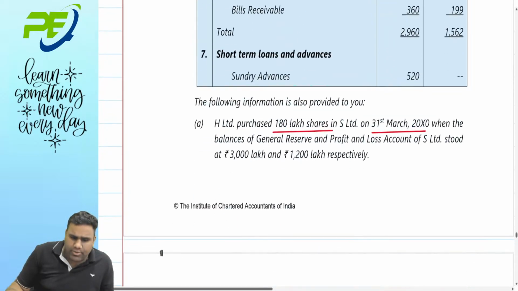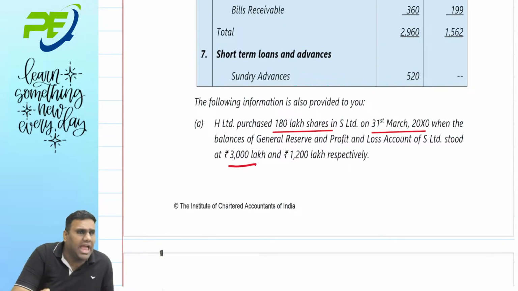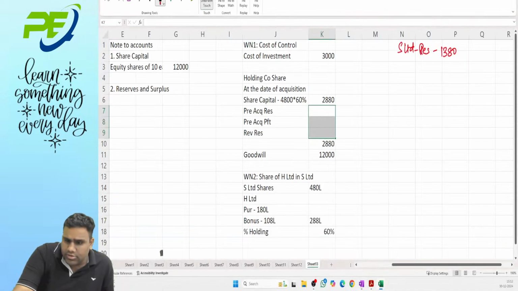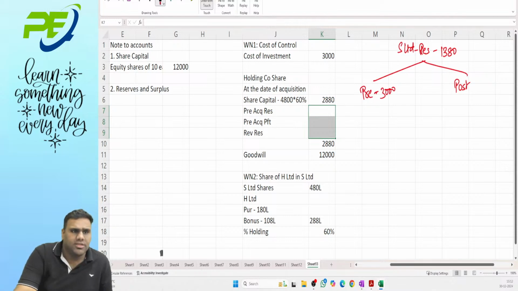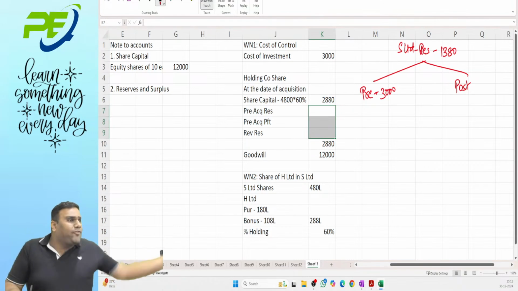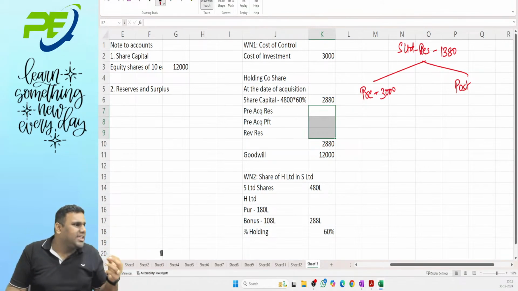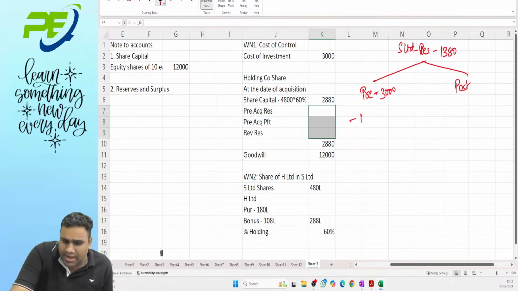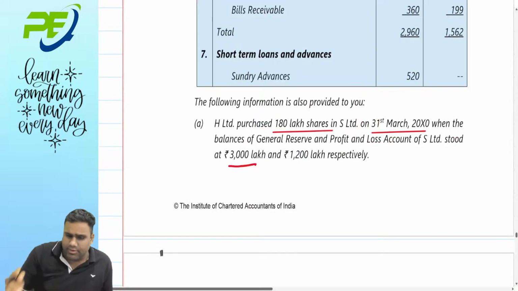Now, the day they acquired, general reserve stood at 3,000 lakhs. So pre and post. Pre was 3,000. Now, post, can we say it is a loss? The answer is no. They have issued bonus, and this bonus has happened before I acquired. So this will be subtracted from pre-acquisition.